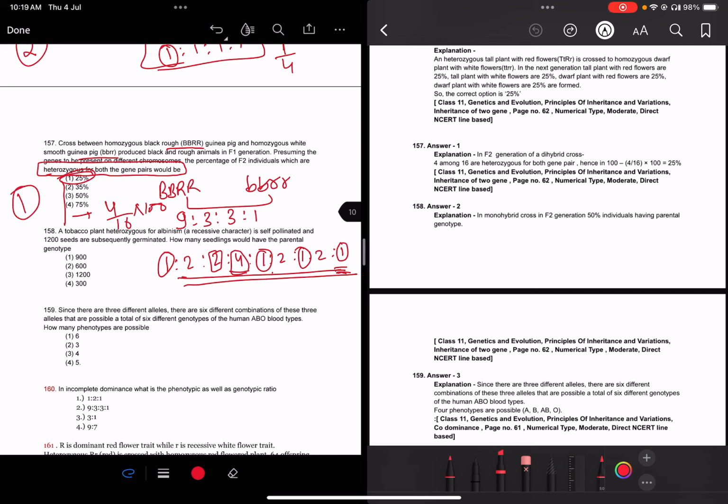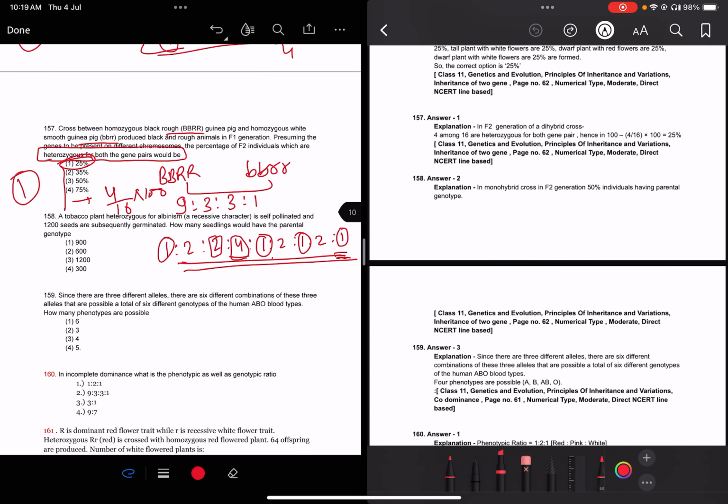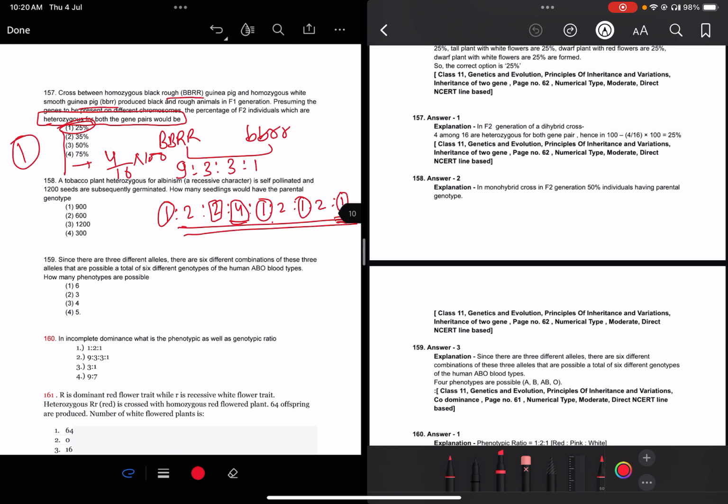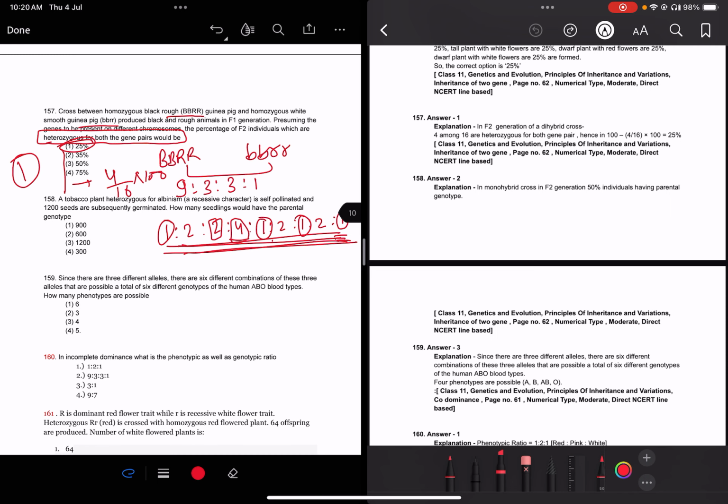This is a typical dihybrid cross. Due to lack of space I am directly explaining this question, but otherwise we can draw a Punnett square and do the cross.